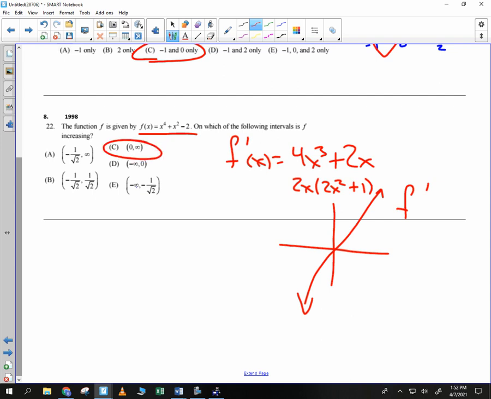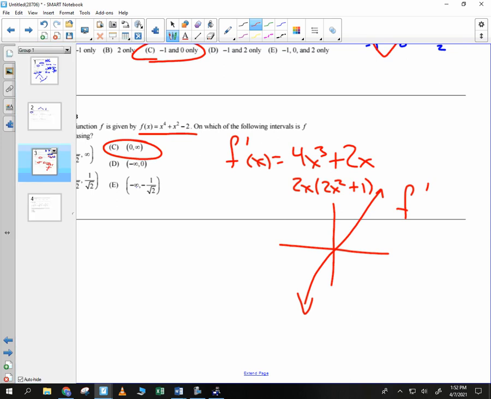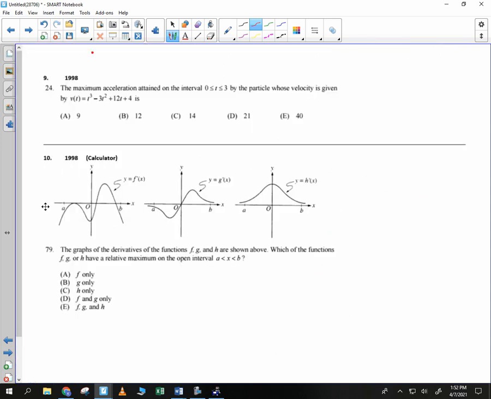So that means that that is where this function is increasing. If you were to solve 2x squared plus 1 is equal to 0, you get 2x squared is equal to negative 1, and then you go from there. We don't have time to go over problem number 9, but the answer is D21.